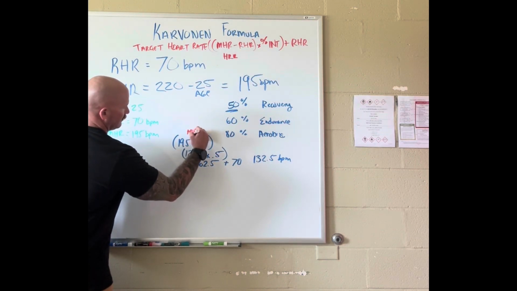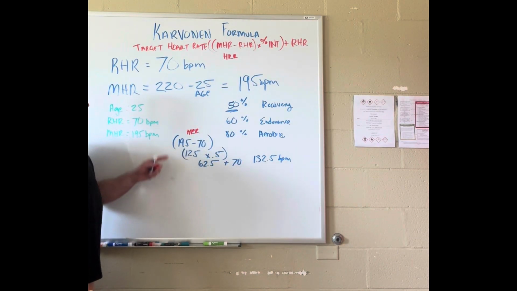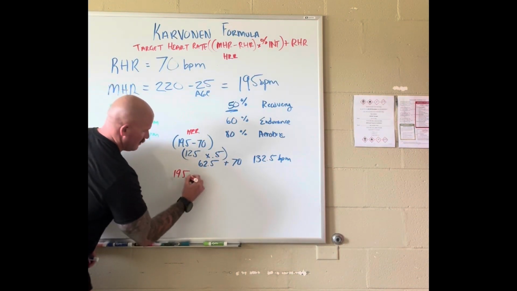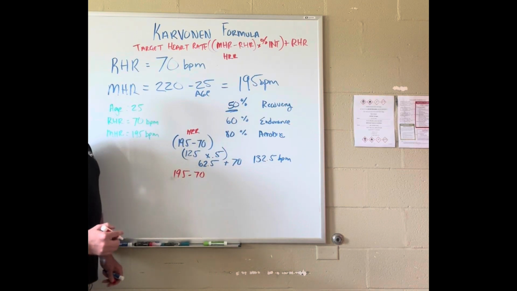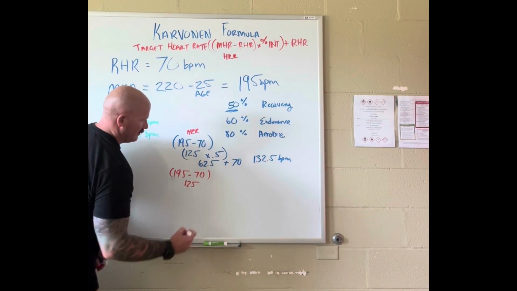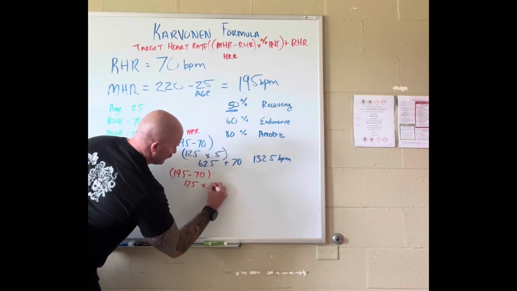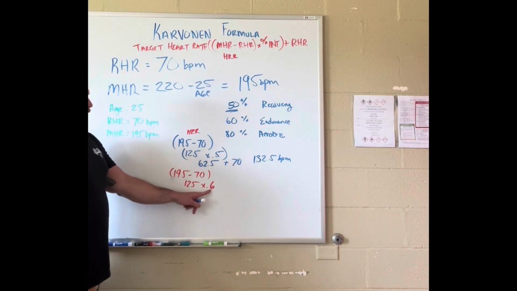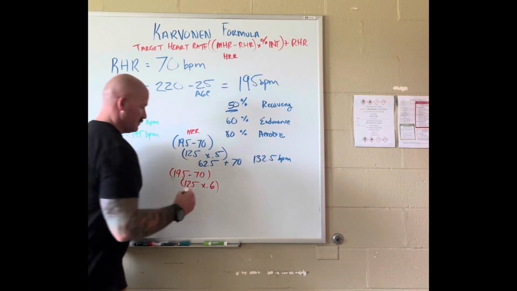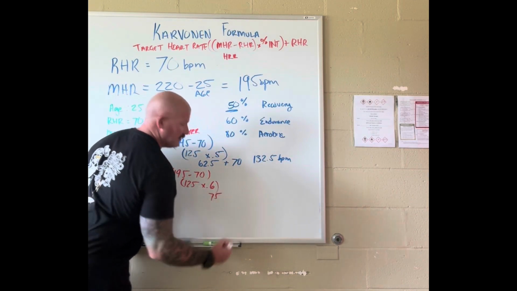So again, we're going to take 195 minus 70, which again will give us 125. This time times 60 or 0.6, which will give us 75.